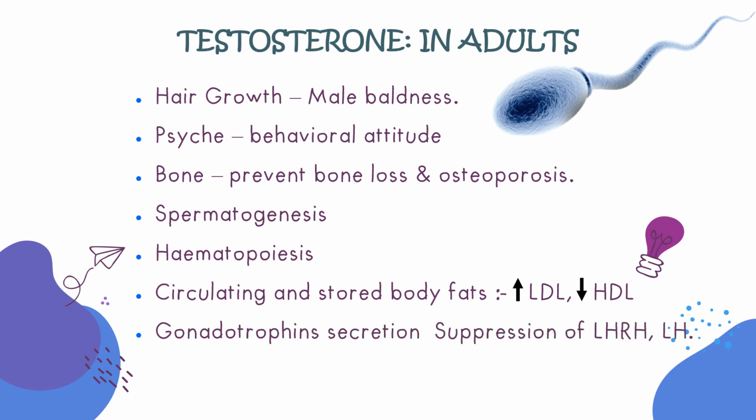Regulation of gonadotropin secretion: androgens suppress the GnRH and the LH by negative feedback, largely as a function of the testosterone.